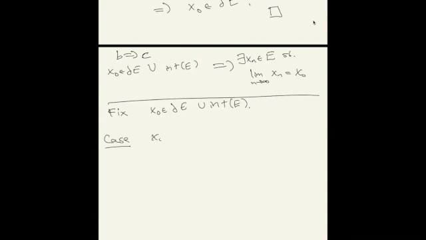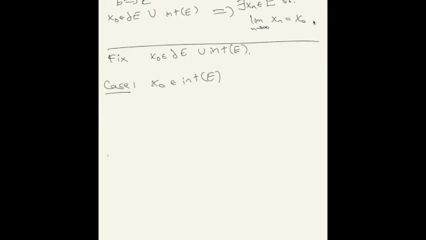Either x0 is in the interior, which is a little bit easier, so first, or case 2, x0 belongs to the boundary. Well, if x0 is in the interior, then there exists a positive radius r such that B(x0, r) is contained in E. And x0 is contained in that, so x0 is also contained in E. And then we have to show that there exists a sequence.